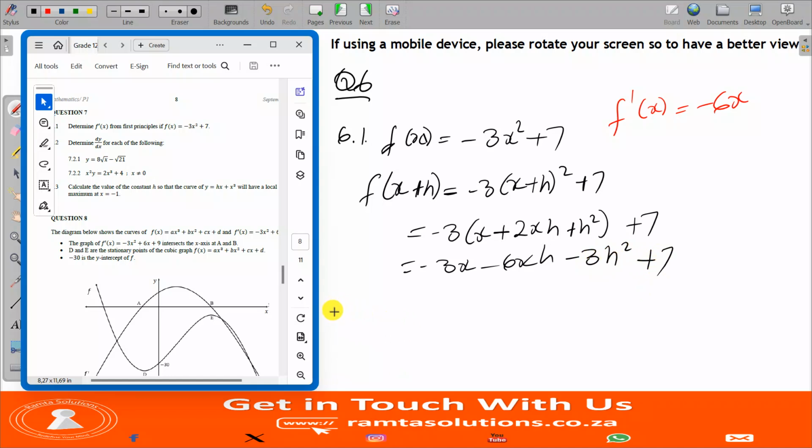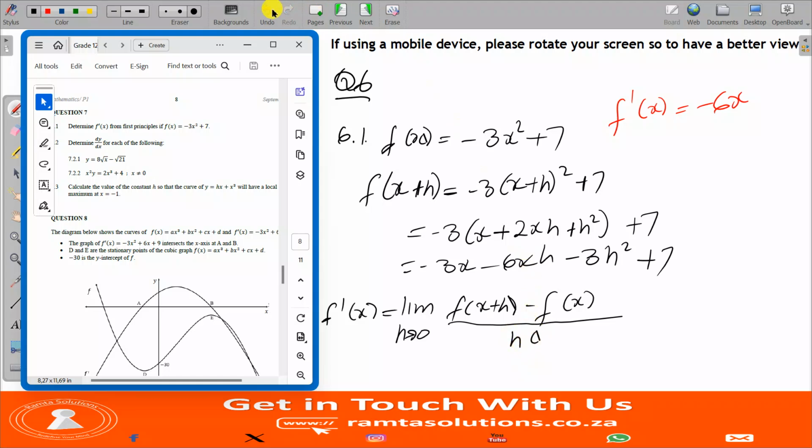Now, remember using first principles, this formula is given in your formula sheet. It's f prime of x is equal to the limit as h tends to 0 of f of x plus h minus f of x, all over h.